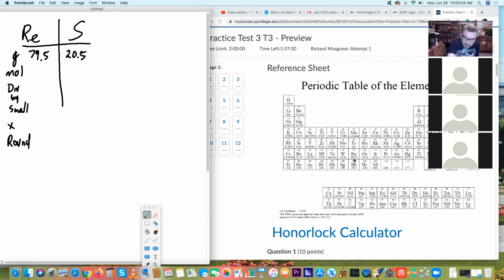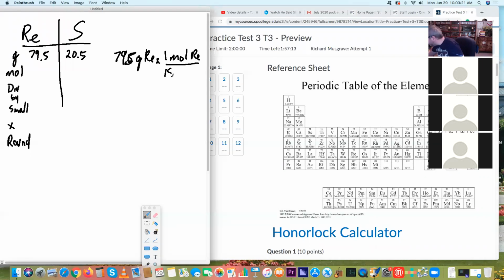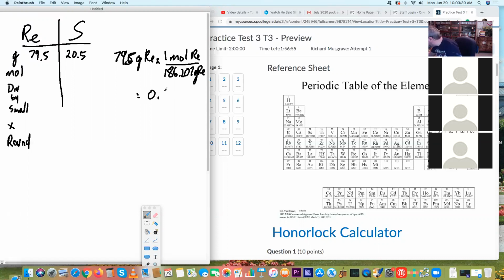So what we would do there is we're looking for the number of moles of Re. So it'd be 79.5 grams of Re times 1 mole of Re over 186.207 grams of Re. And we get 0.427.